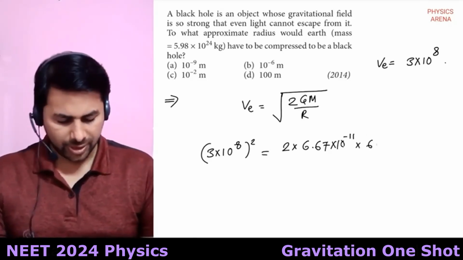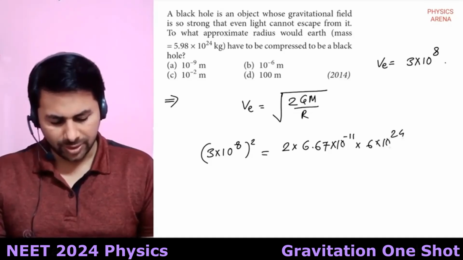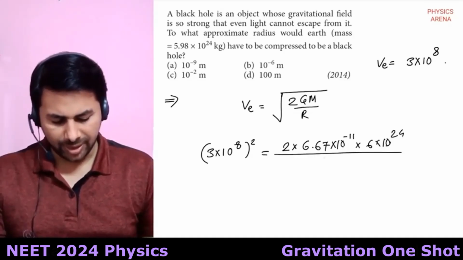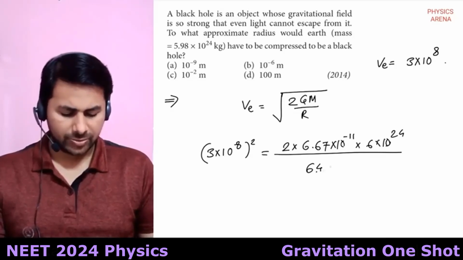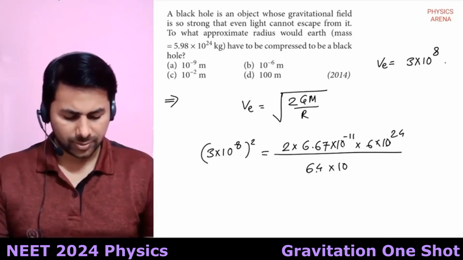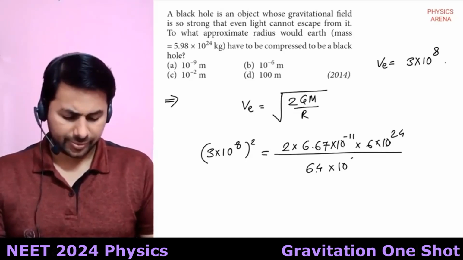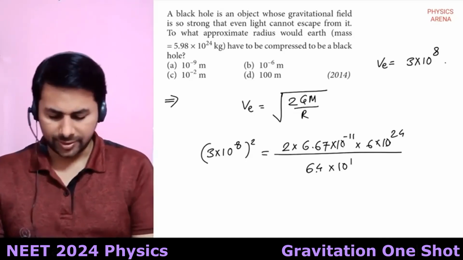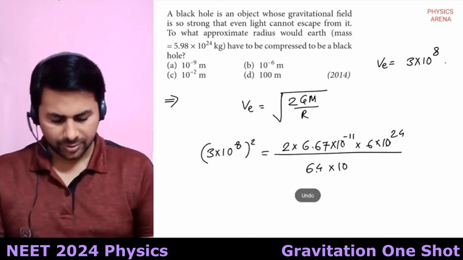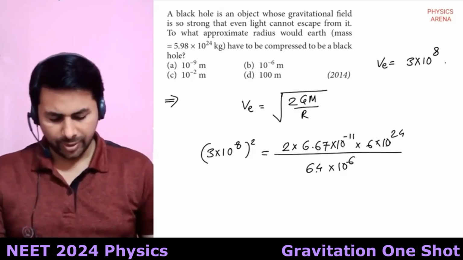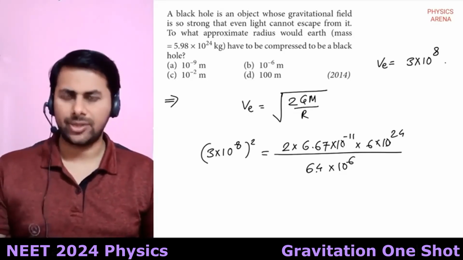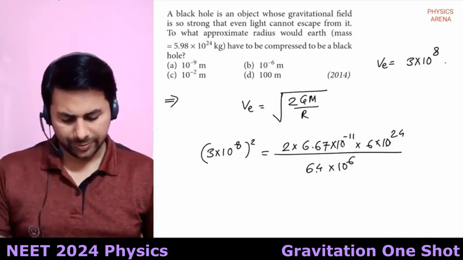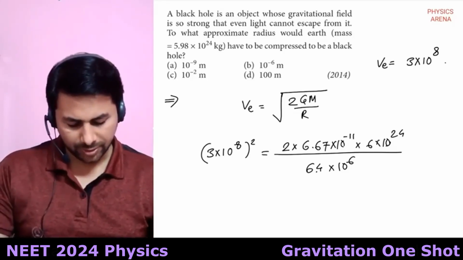Okay, so 6 into 10 raised to 24 is the mass of Earth, divided by R. The radius of Earth is 6,400 kilometers, or 6.4 into 10 raised to 6 in meters.